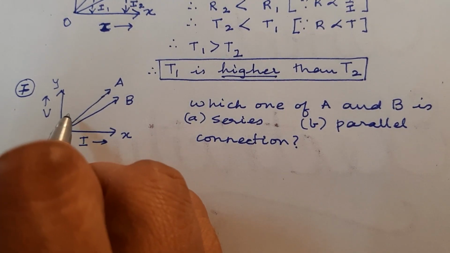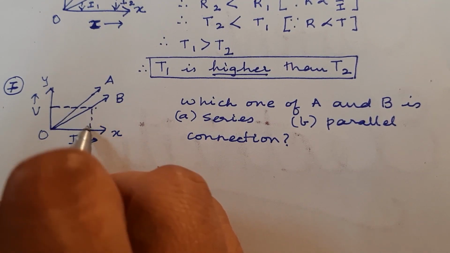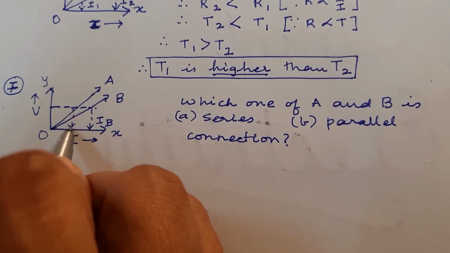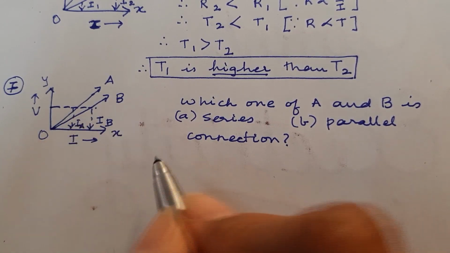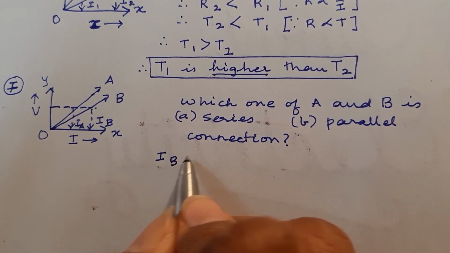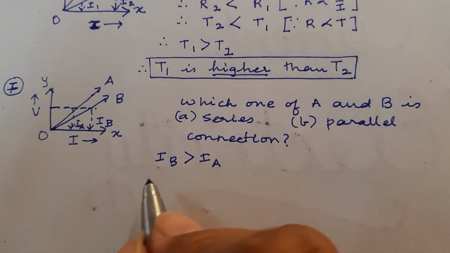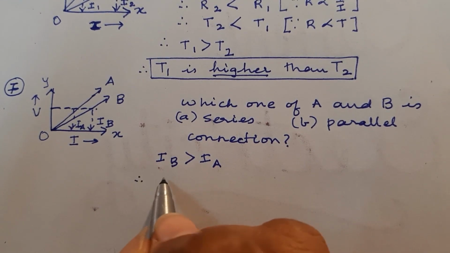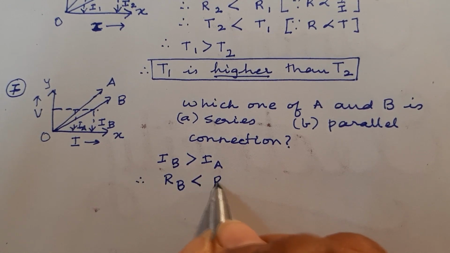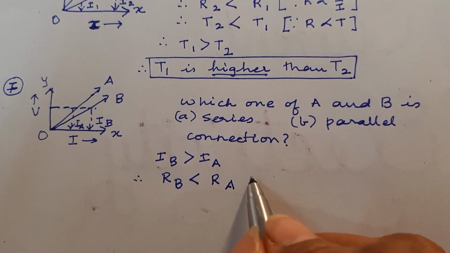Here again I shall draw this, and I will show this is the current in B and this one is going to be the current in A, and from the diagram I can see that IB is greater than IA. Therefore, the resistance in B is going to be less than resistance in A, exactly the same way as we did in the earlier question.